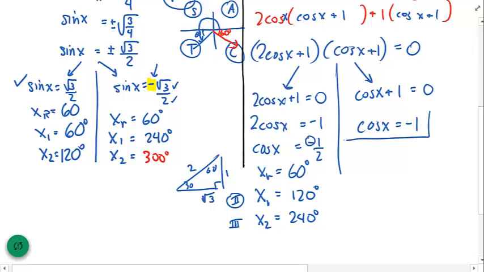Now when I come over to this side, I have the cosine of x is equal to -1. This is one of those angles we worked on with our table. Our table of values said that for the cosine to be -1, our angle x had to equal 180 degrees.